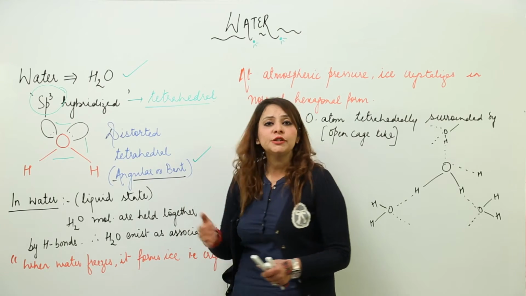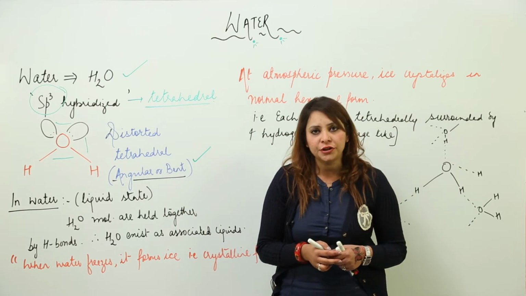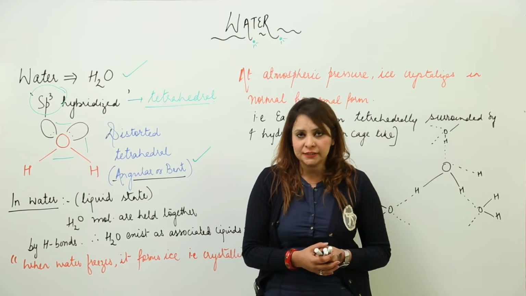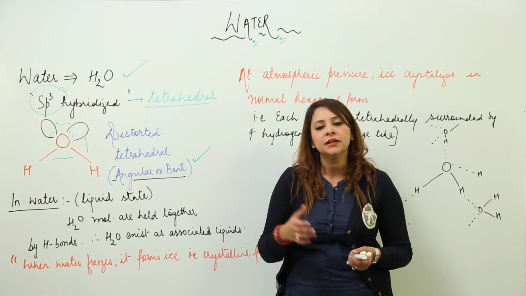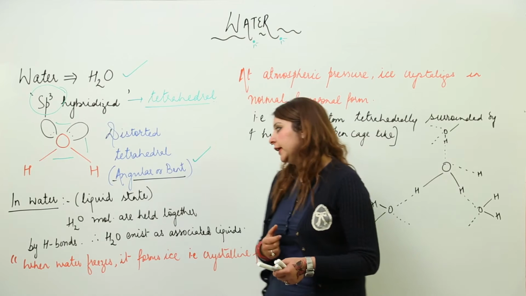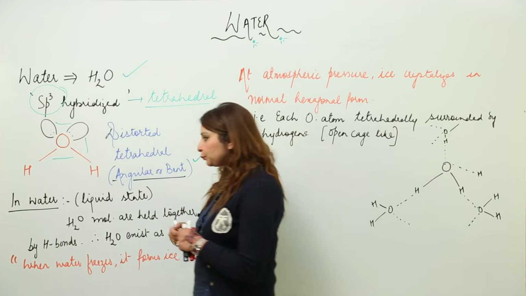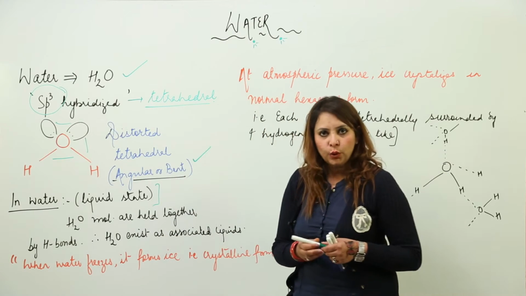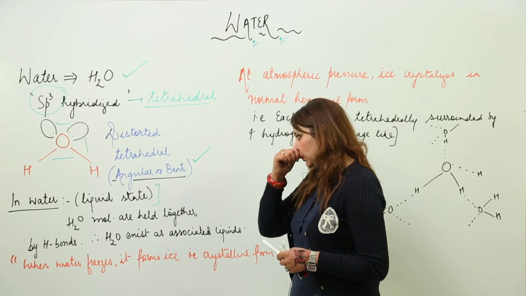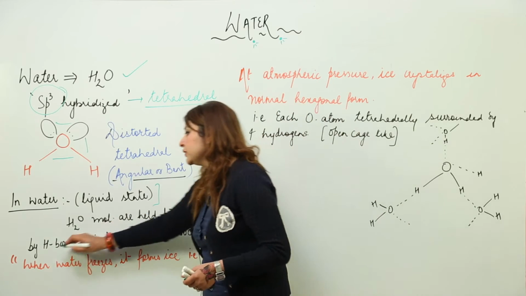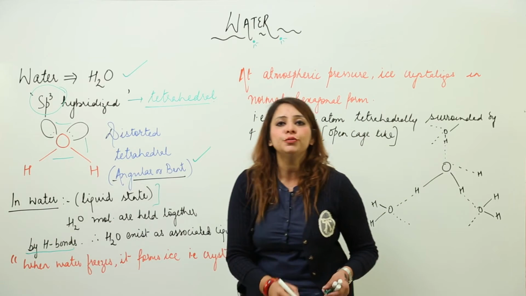Now we talk about the hydrogen bonding in water and ice. As you all know, a special type of bond, the hydrogen bond, is seen in water and ice. We know that water is the liquid state of H2O, and in the liquid state the water molecules are held together by hydrogen bonds.